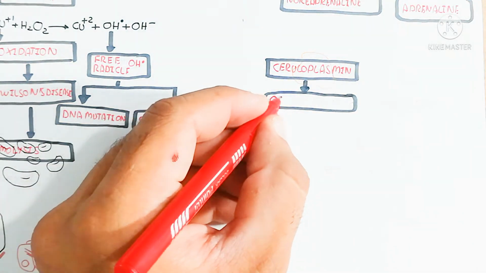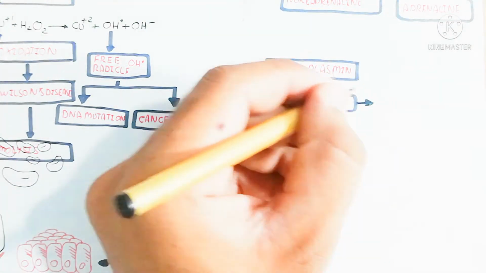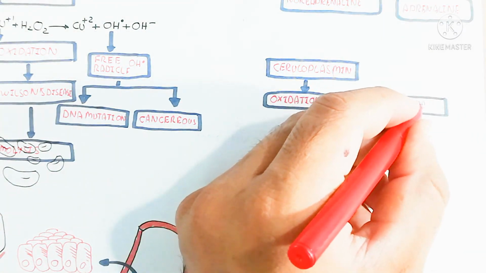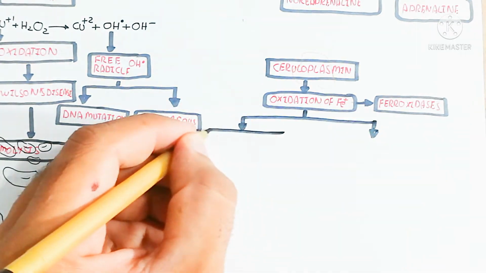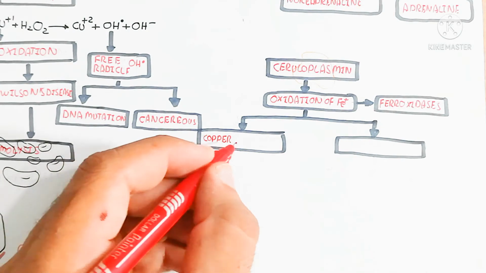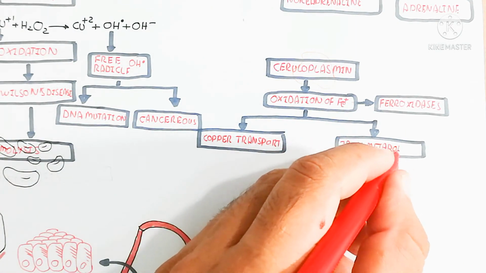Ceruloplasmin is the protein which is used for the oxidation of iron. The ferroxidase is used for it, and basically it involves donation of copper to iron for conversion, and this ferric to ferrous or ferrous to ferric conversion is part of iron metabolism.